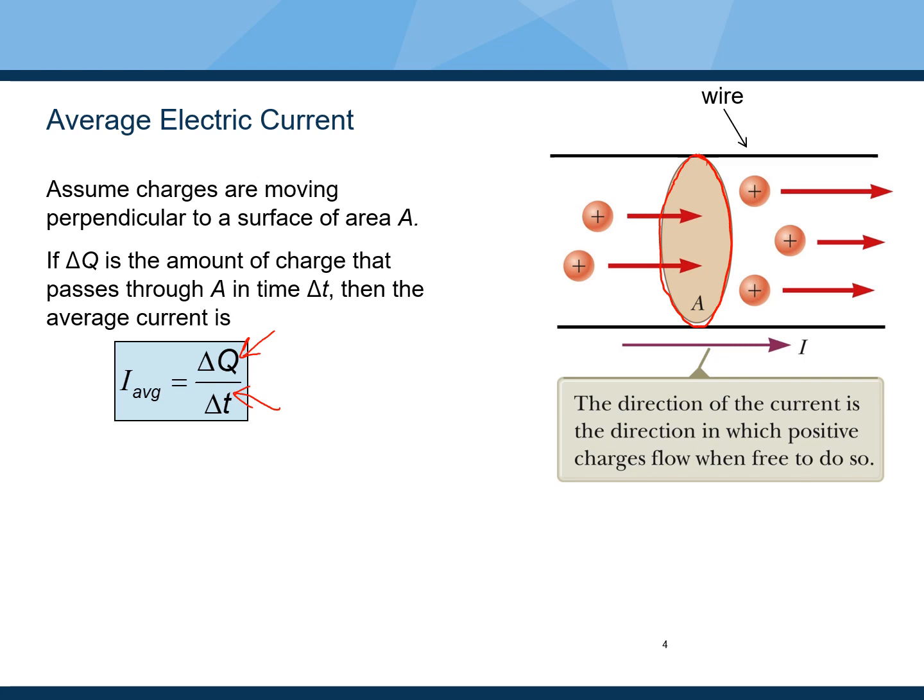Now, I've often mentioned to you all that in a metal, you typically have negative charge carriers, namely the electrons are the guys who actually carry the current.